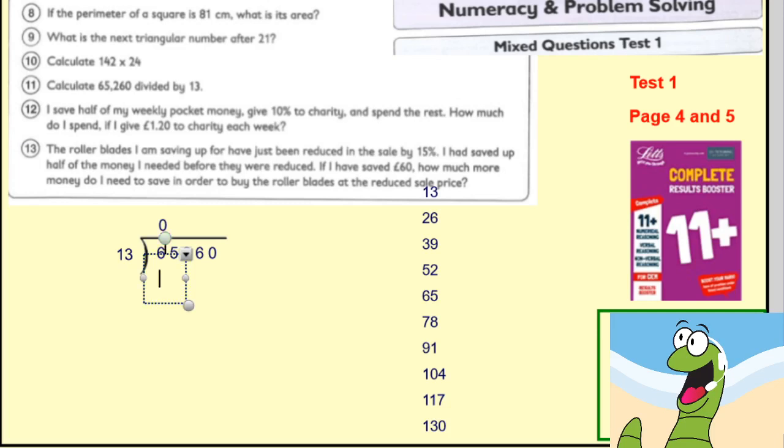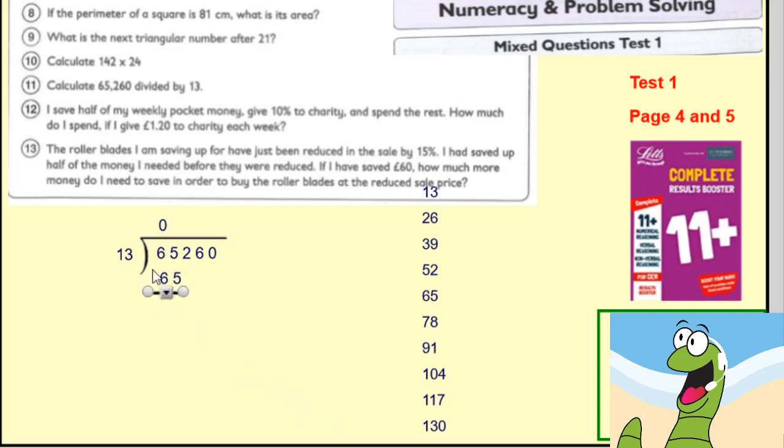So 65,260 divided by 13. 13 into 6 doesn't go, 0 above. 13 into 65, well now I've gone and written out the 13 times table. We can see that it goes in once, twice, 3, 4, 5 times, and it goes into 65 exactly.